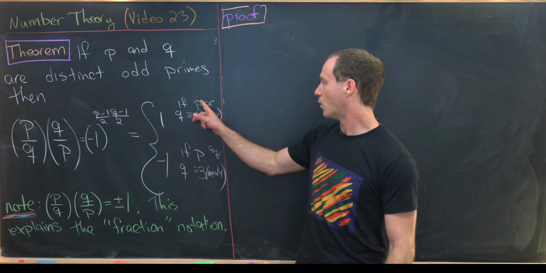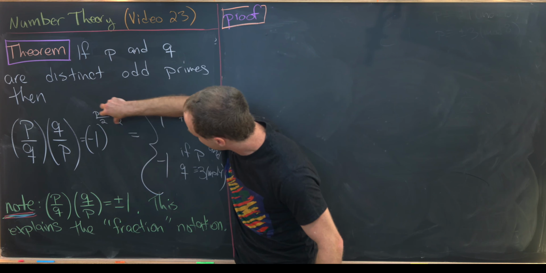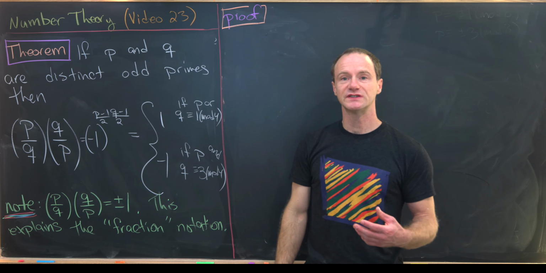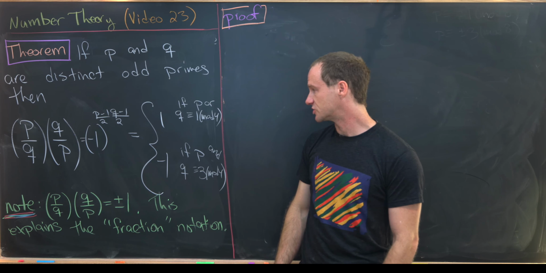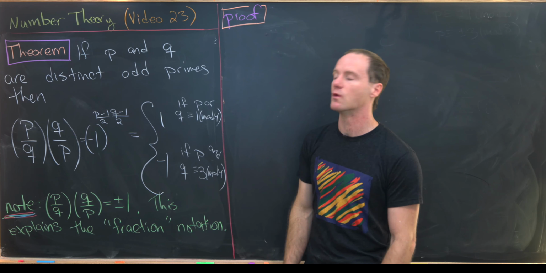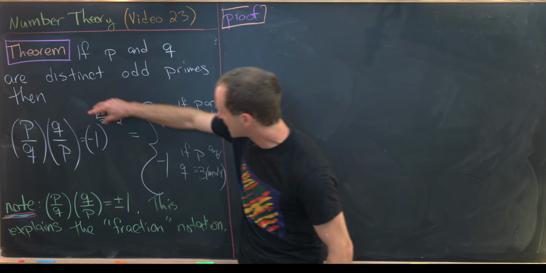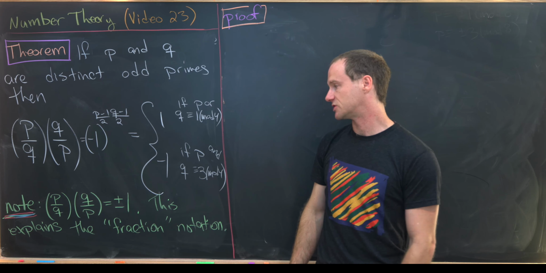That's because if one of these is congruent to 1 mod 4, then the corresponding fraction over here reduces to an even integer. Thus, you've got -1 to an even integer. And then it's -1 if p and q are both 3 mod 4. That's because that makes the reduction of each of these fractions an odd integer.